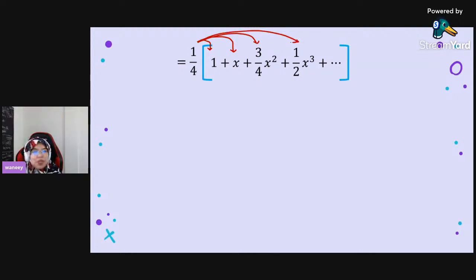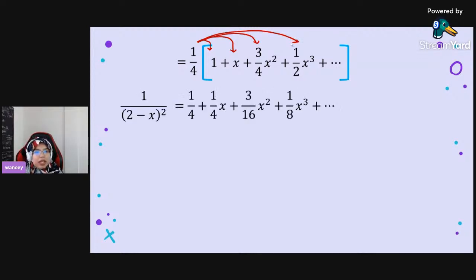Times with 1 over 4, then your final answer is 1 over 4 plus 1 over 4 x plus 3 over 16 x squared plus 1 over 8 x cubed plus dot dot dot. So that is our expansion.